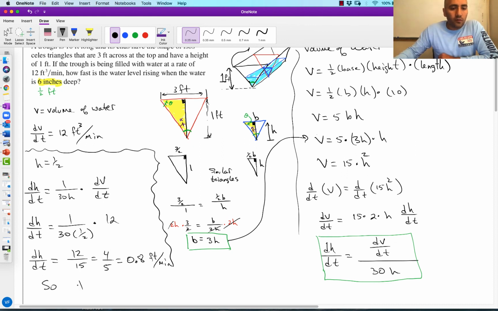So the water level is rising at a rate of 0.8 feet per minute.